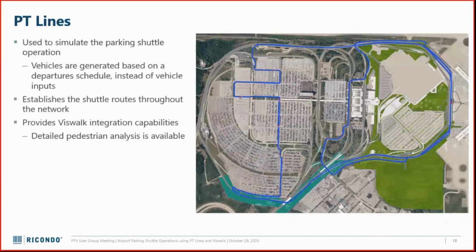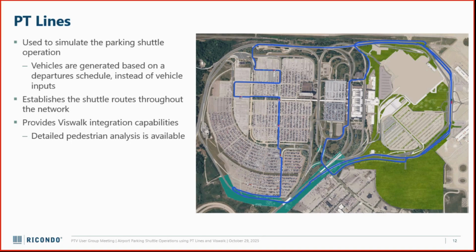We then introduced PT lines to simulate the parking shuttle. Typically, we just use vehicle inputs and static routing decisions in order to do these operations because we aren't focusing on the actual stations or bus stops within the lot. So that is normally enough for the type of work that we do.